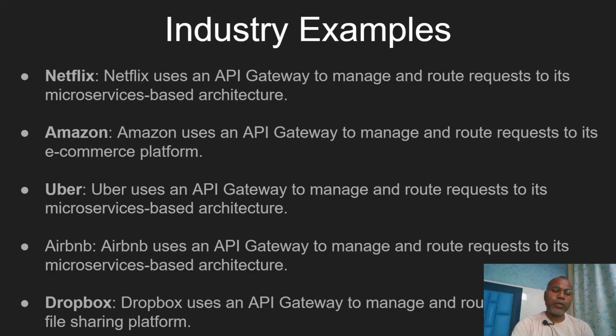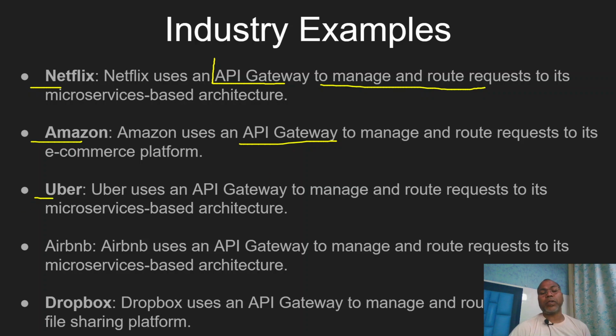If you look at modern applications, for example, Netflix uses an API gateway to manage and route user requests from its microservice-based architecture. The Amazon e-commerce platform also uses Amazon API Gateway to manage and route requests.